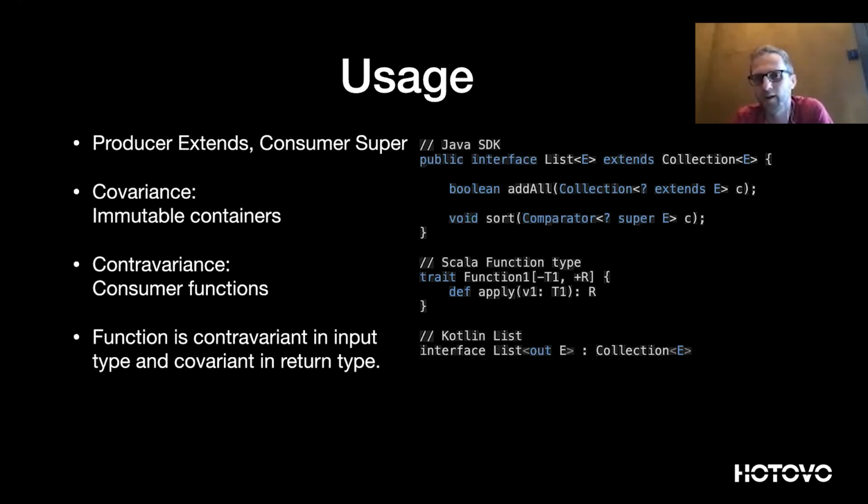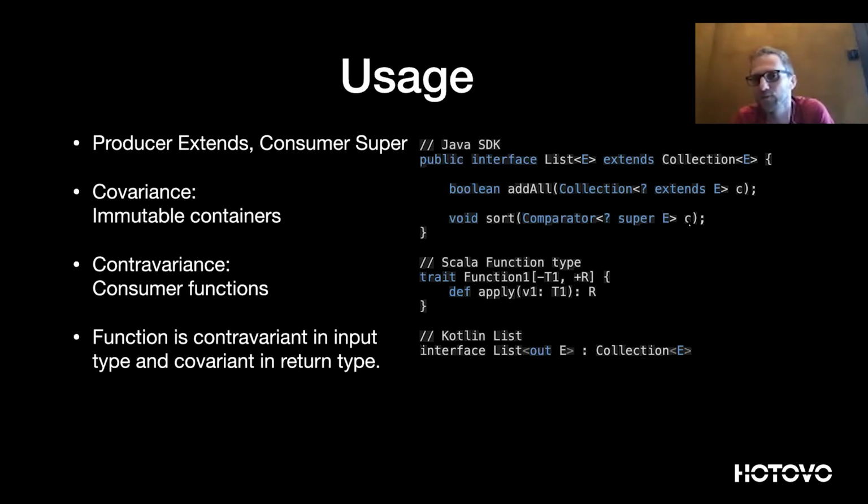However, we have methods on a list like addAll, which can accept not only a collection of E, but a collection of anything that extends E, because one by one we copy those elements to the list, and we can get out from the list those elements, but only as references to type E, not something that extends E. So this is covariance.